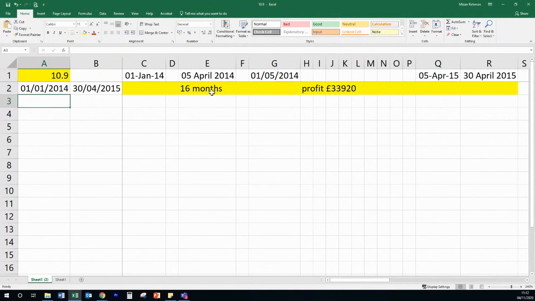So the first 3 months fall in the tax year 2013-14. If it's 5th April 2014, that's the end of 13-14. So in 2013-14 we have 3 months.